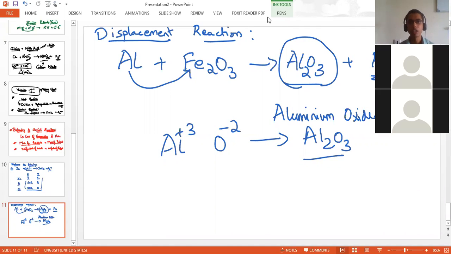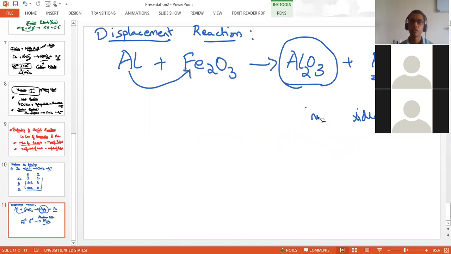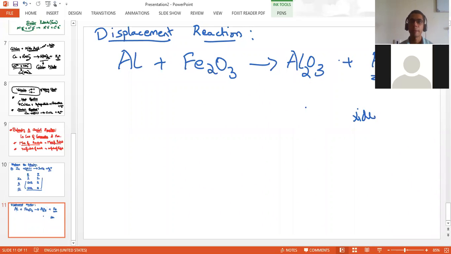Okay. So this is the reaction. Al plus Fe2O3 gives Al2O3 plus Fe. Now can you balance this? Can you tell me a balanced equation of this reaction?